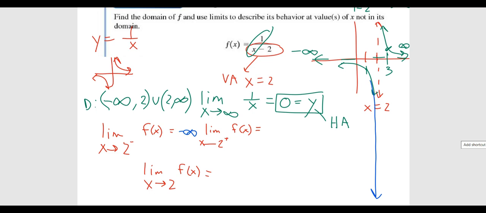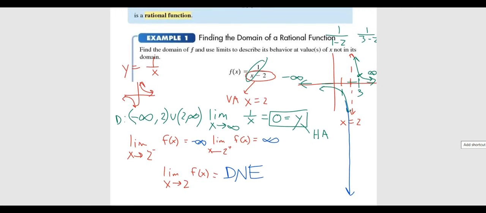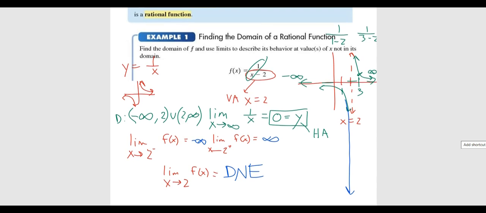What's happening as you approach 2 from the right? Positive infinity. So what's the overall limit? Doesn't exist. Nice trip down memory lane.